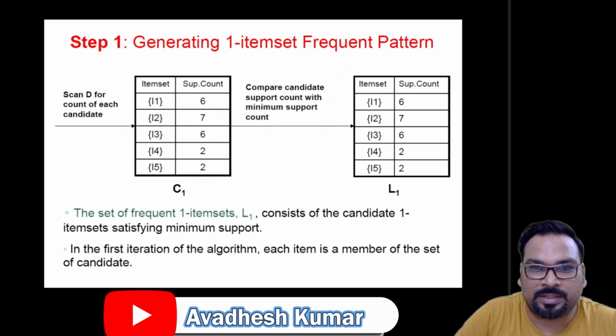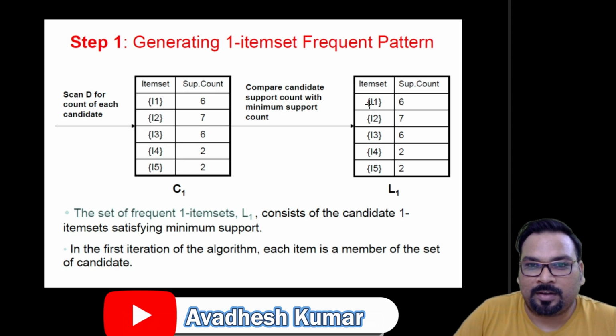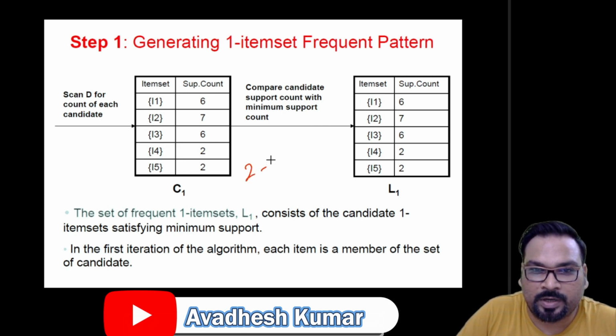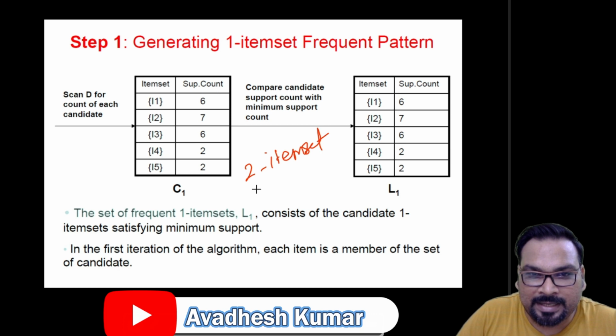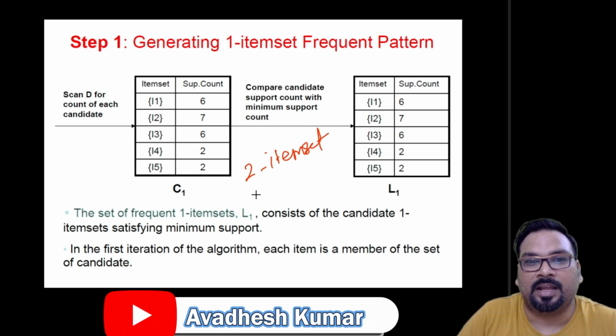Now after doing this, we will try to formulate 2-item sets. What do we mean by a 2-item set? A 2-item set means that in a transaction there are exactly 2 items involved.